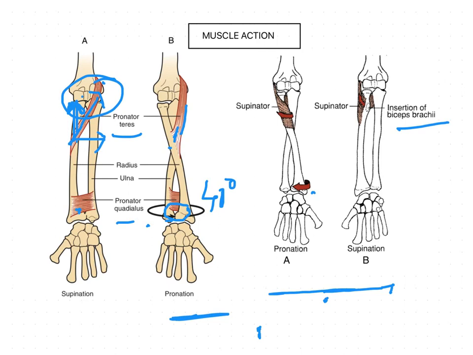Next, some studies like Bremer found the moments of all major supinators. All major supinators are nothing but the supinator as well as the biceps brachii. So what is happening? These two major supinators exhibit peak torque values at 40 to 50 degrees of pronation.